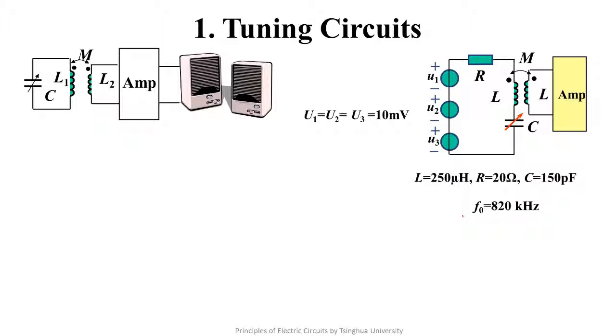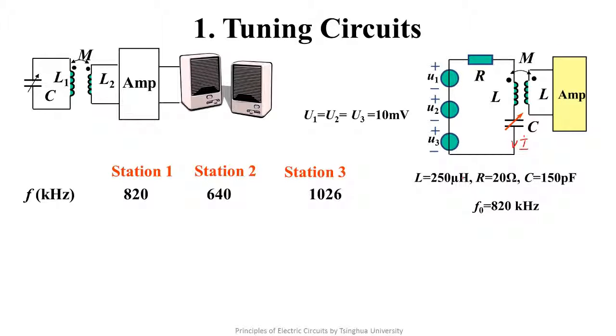Let's focus on the characteristic of the current for 3 signals with different frequencies. All the 3 different radio station signals. Because by the coupling inductors, different currents induce different voltages on the second stage. The larger the current is, the larger the induced voltage is.